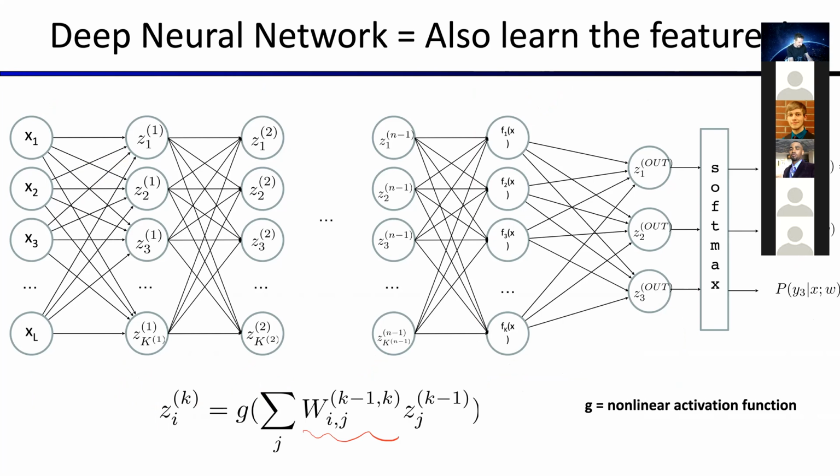In order to calculate the activation for layer K, and each of them are indexed over i, you need to have these weights that connect the nodes in the previous layer to each of these Z_i, and then multiply them by the activations in the previous layer, right?